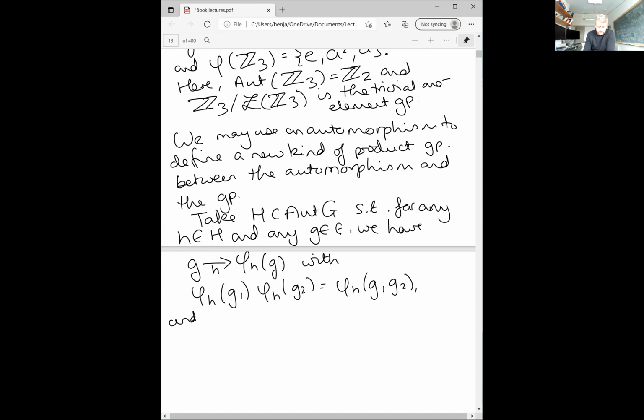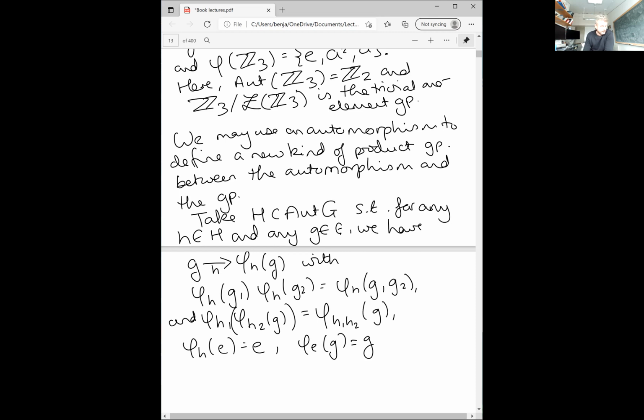And phi_h1(phi_h2(g)) is phi_(h1 h2)(g). Phi_h(e) is just e. So e is always mapped to itself. And if we have the map corresponding to the identity, we just get back the same element of the group.